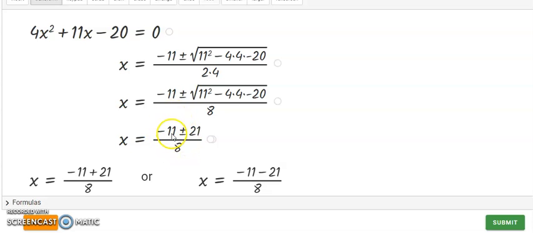So we know the vertex is at negative 11/8 comma something. So if I stuck this back into this problem here, I could actually solve for y, and then I would have all 4 critical points. So the quadratic formula, going from standard form, will provide us, I'm going to call it, 3.5 points: 3 complete points if the graph crossed the x-axis, plus the y-intercept, and the h value of the vertex.